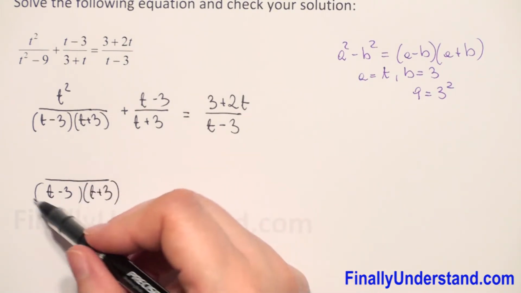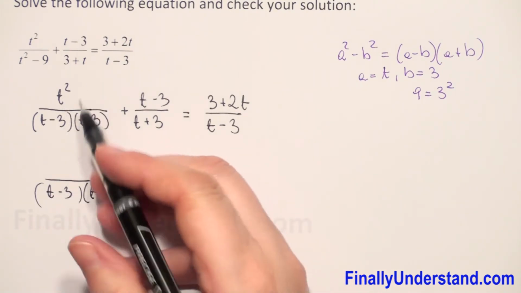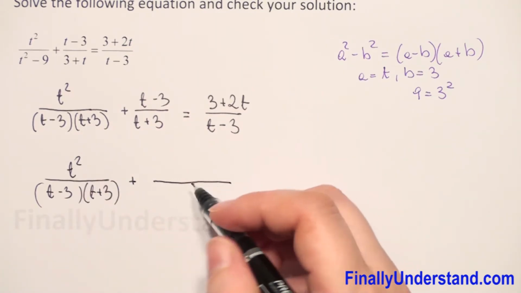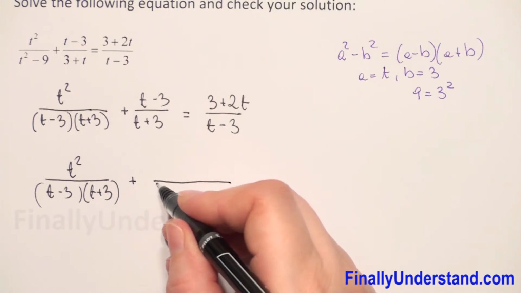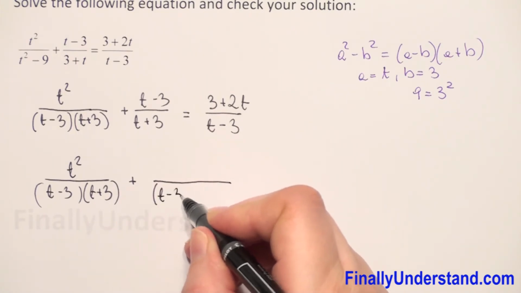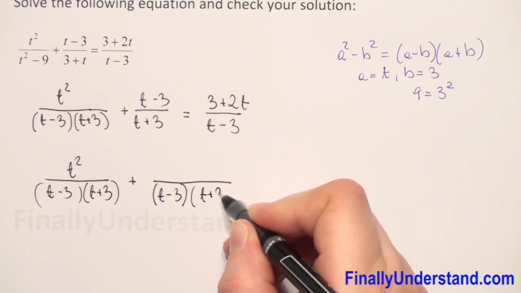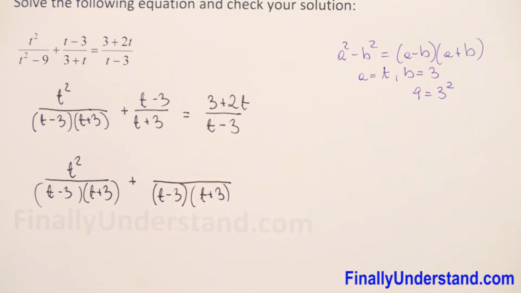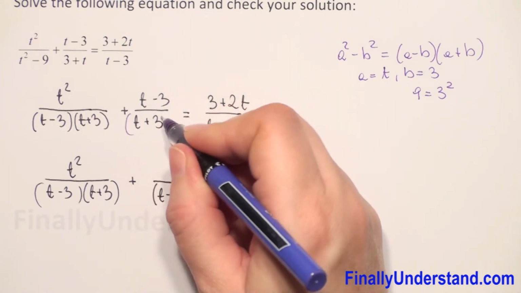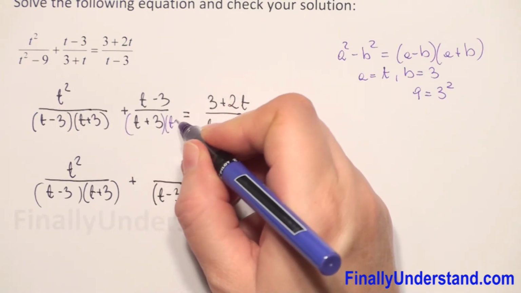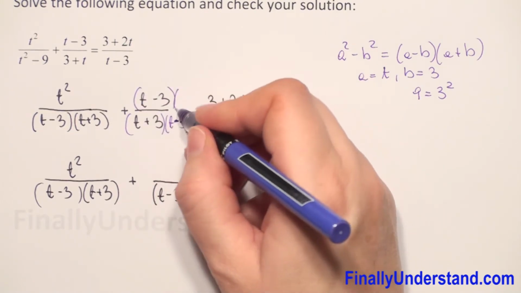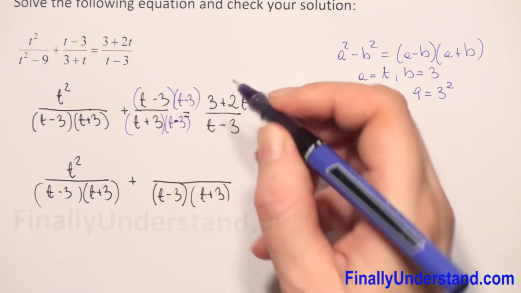Because we didn't change the first denominator, in the numerator we copy t squared, and we have plus. We keep the same order of terms, so we have t minus 3 times t plus 3. In the second denominator we have only t plus 3, so I have to multiply by t minus 3. Whatever I do with the denominator, I have to do the same with the numerator.